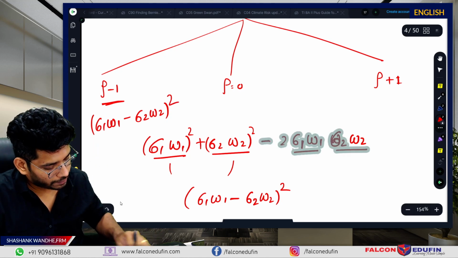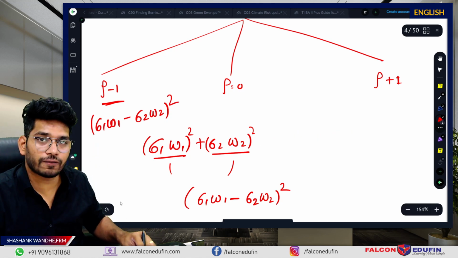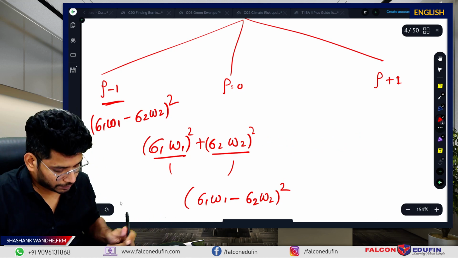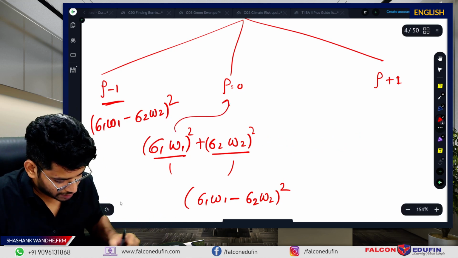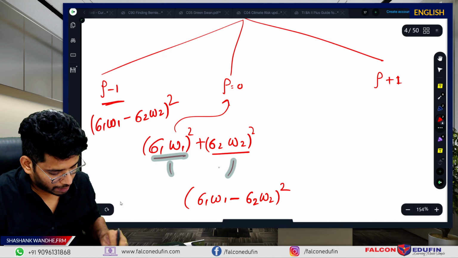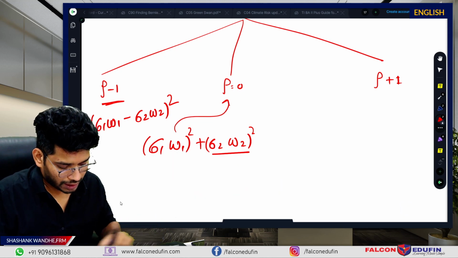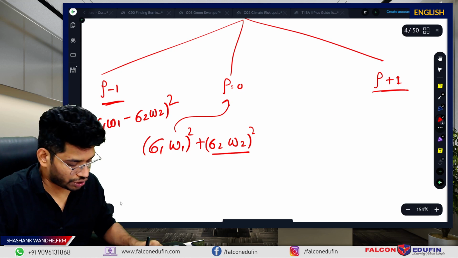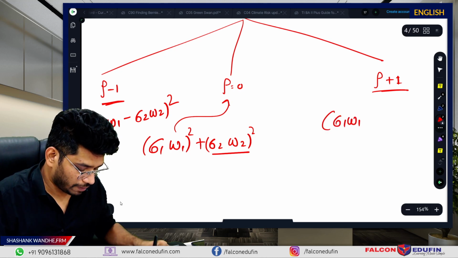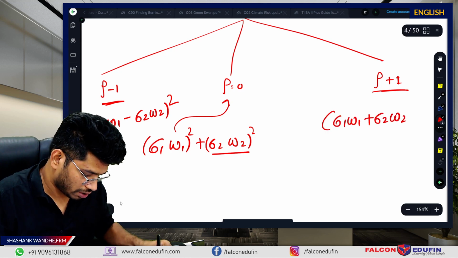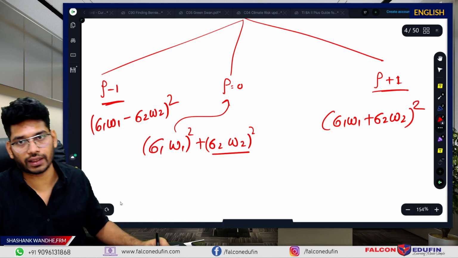What if it is 0? Then this whole term will be 0, and your answer will be this, that is sigma 1 W1 square plus sigma 2 W2 square, right? And if you have positive correlationship, then sigma 1 W1 plus sigma 2 W2 square, right?